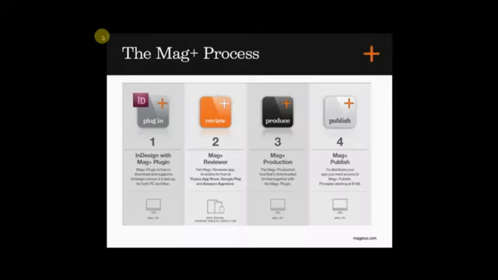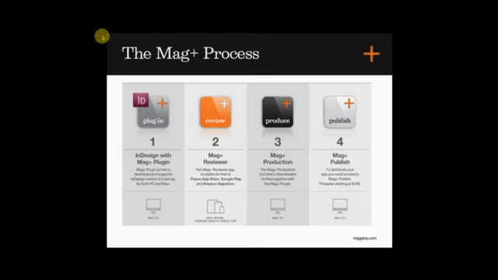This is the MagPlus process. First, you will start by downloading our free tools at magplus.com. After installation, you will have installed the MagPlus InDesign plugin and the MagPlus production tool 1 and 3.